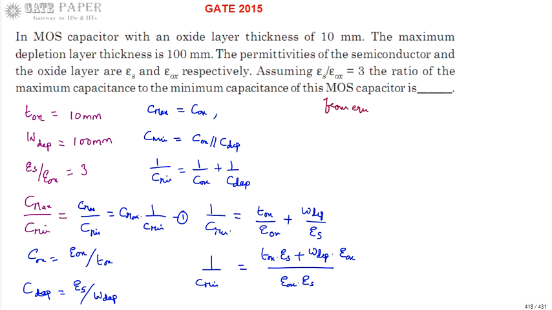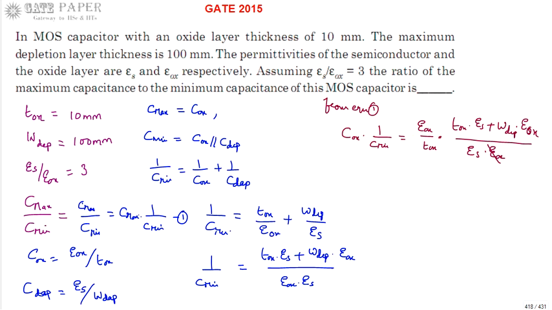From equation 1, C maximum is COX into 1 by C minimum. So COX is epsilon OX divided by TOX, multiplied by TOX into epsilon S plus W depletion into epsilon OX, divided by epsilon S into epsilon OX.